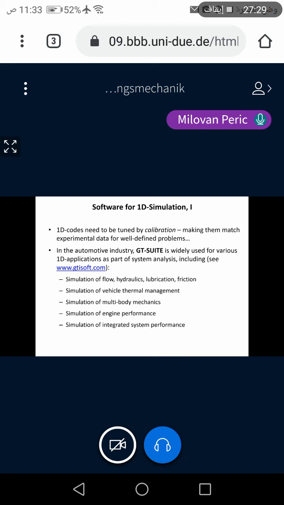The errors are usually relatively large, and they need to be calibrated. So in order to get useful results, you need good calibration. And this is the main problem with these codes: if they are not calibrated properly, they will give you a solution, but it may not be trusted. This is something that one has to be aware of.